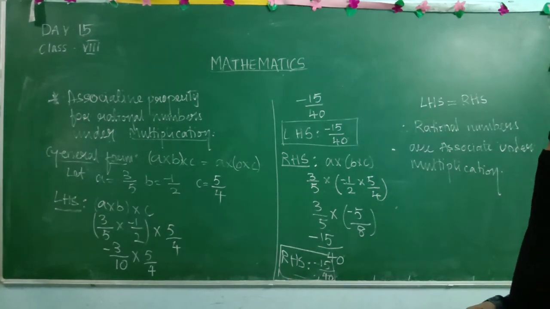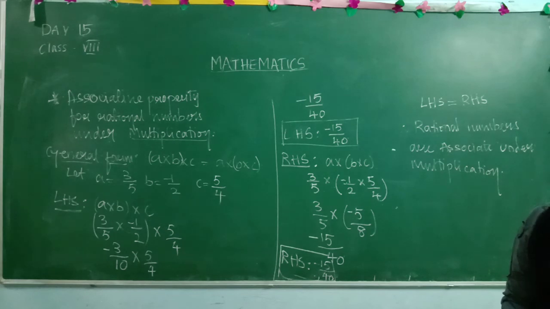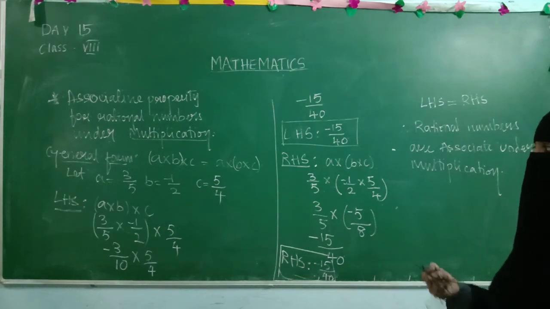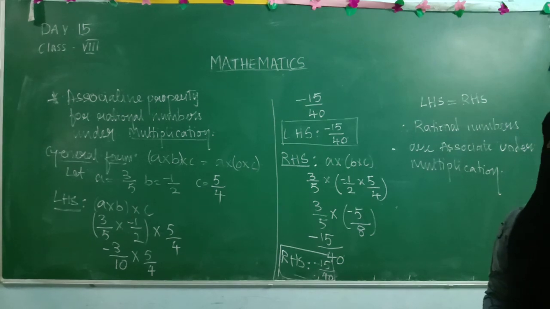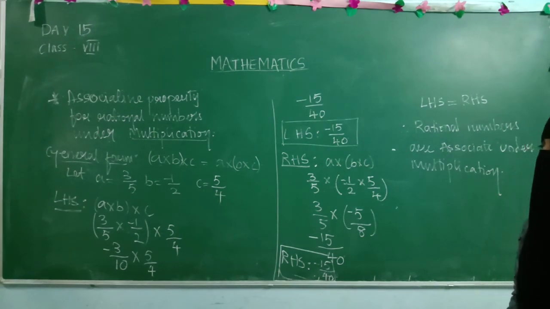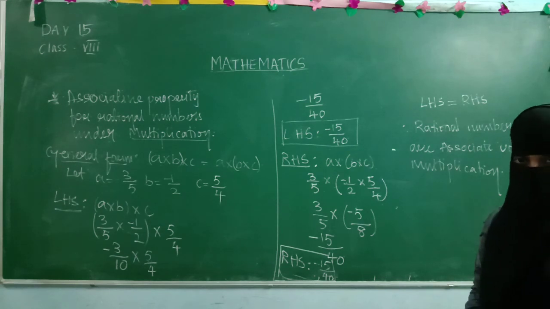Just try and verify again whether rational numbers satisfy the associative property under multiplication by taking your own rational numbers at home. Hope the concept is clear to you.